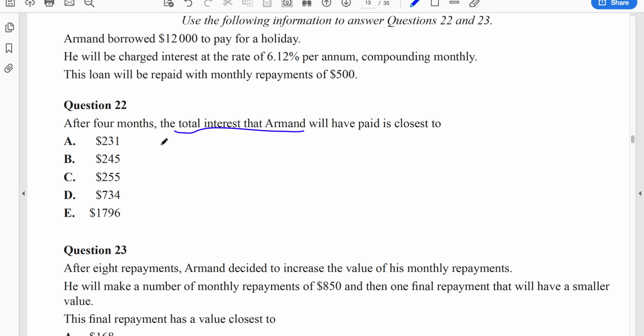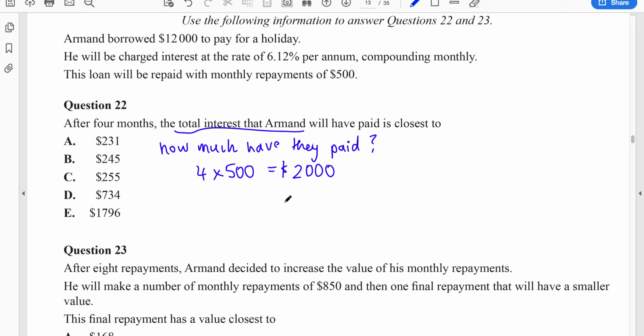So what you want to do is look at how much he has paid back. He has paid 4 payments of $500, so $2,000 he's paid back.